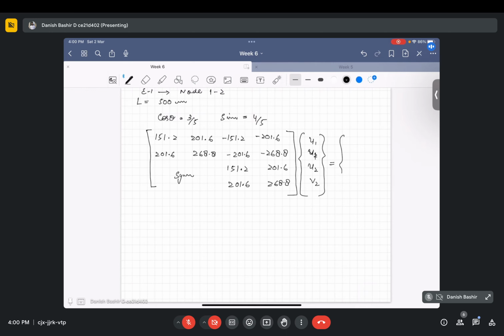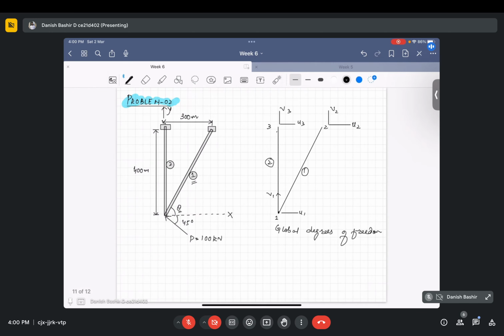Now we have to see the forces at node 1. At node 1, the force is 100 kilonewton. So the force along this has one component like this, and another component like this. So the x component will be minus 100 kilonewton, this will be cos 45.